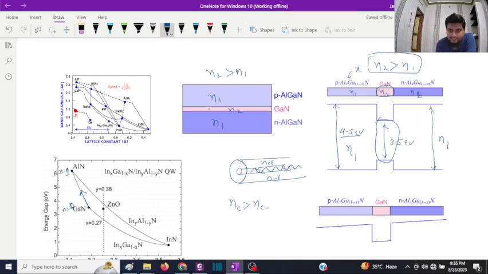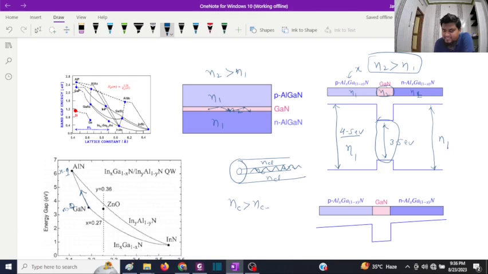So any light which is trying to go outside this gallium nitride region will be sent back because of the total internal reflection. So this is how we achieve the optical confinement.